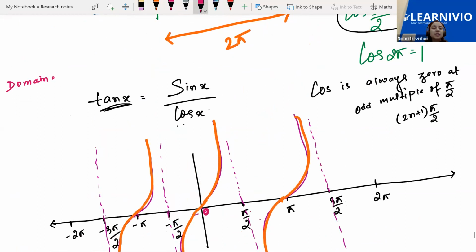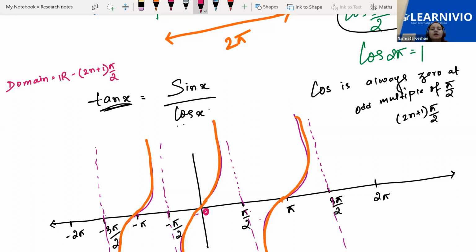So domain is all real numbers, but odd multiples of pi by 2 are not acceptable. Yes or no?